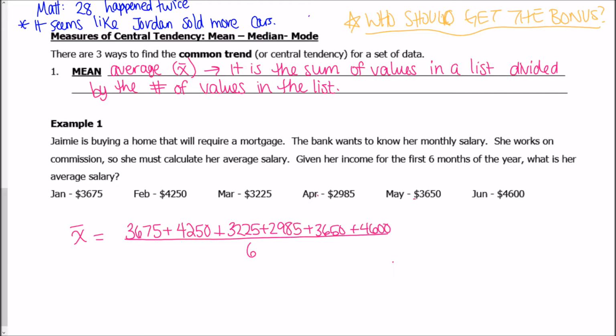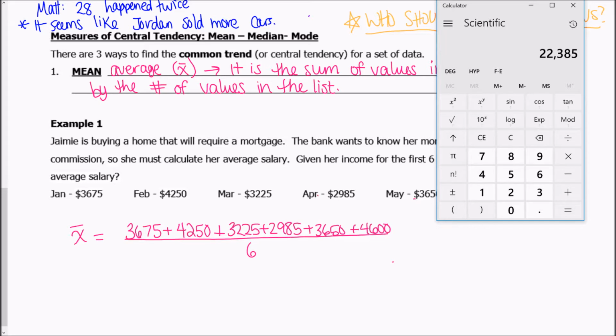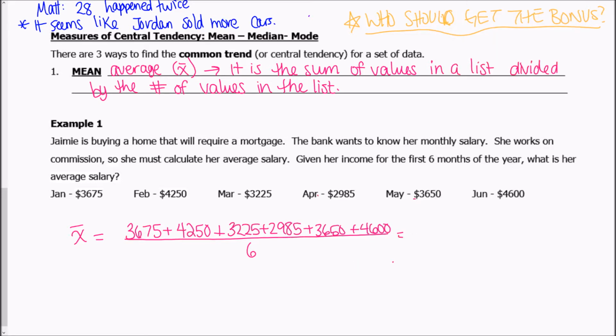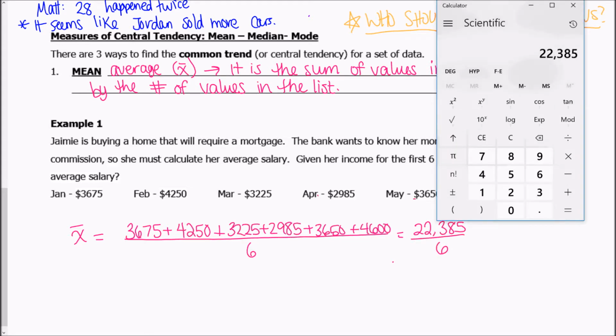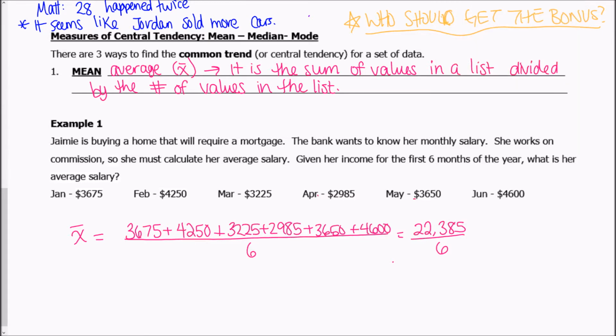So I need to go through and actually add these numbers together. So go ahead and do that and see what you end up getting. So you end up getting 22,385. So right here I'm going to say this is 22,385 all divided by 6, and when I divide that by 6, I end up getting $3,730.83.